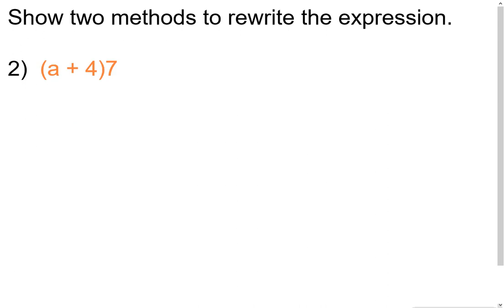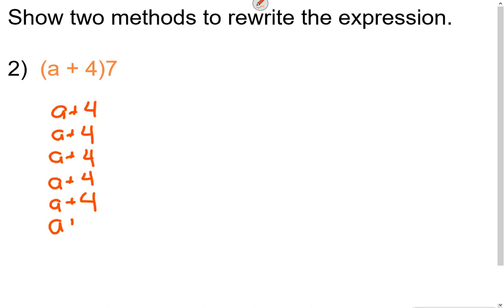I have another example. Now notice that it's kind of flipped around. Now the parentheses are first and our number is second. But again, this problem is still telling me to take the a plus 4 and add it to itself 7 times. Now if we were to do that, a plus 4, there's 1, 2, 3, 4, 5, 6, and 7.